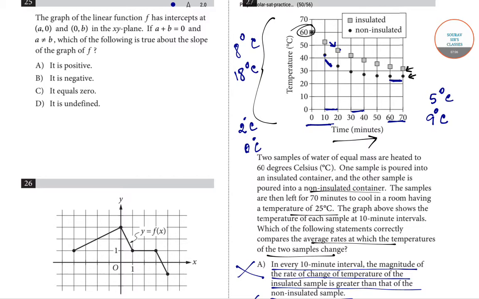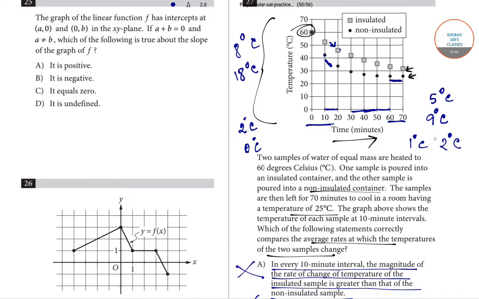And now we will check the intervals of 40 to 50 and 50 to 60 to conclude that option D is correct. If you look at the 40 to 50 interval, the rate of change in magnitude of the non-insulated sample is close to 1 degree Celsius, whereas the rate of change in the insulated sample is almost 2 degrees Celsius.